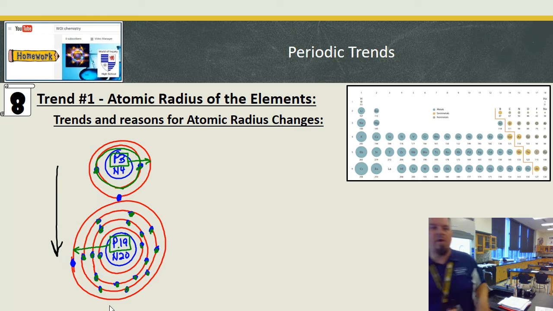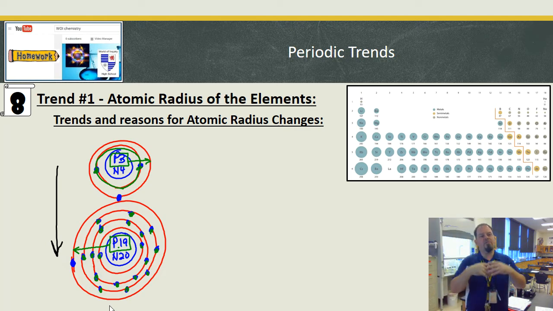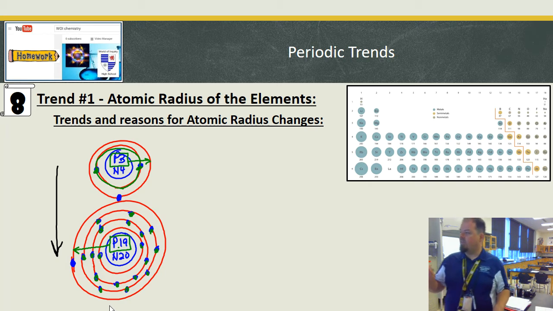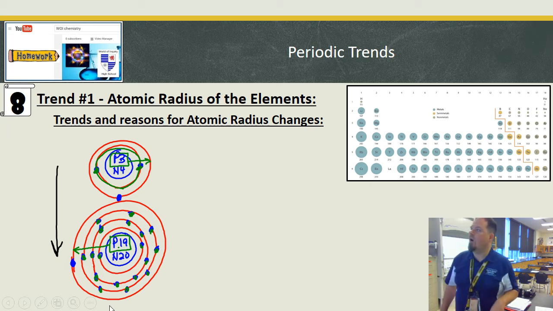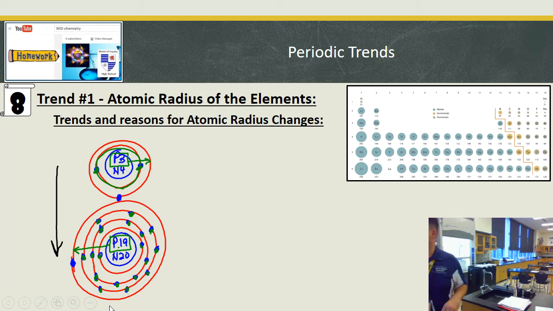The distance is way smaller, and 3 can get through 2 better than 19 can get through 18. Okay, the difference there is much less. If you were to do 2 divided by 3 and 18 divided by 19, the numbers are going to be drastically different. Okay, so shielding is how much of this interference is going on.